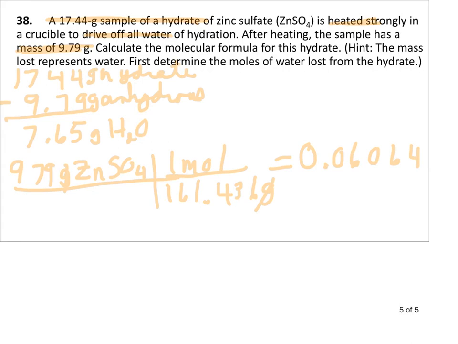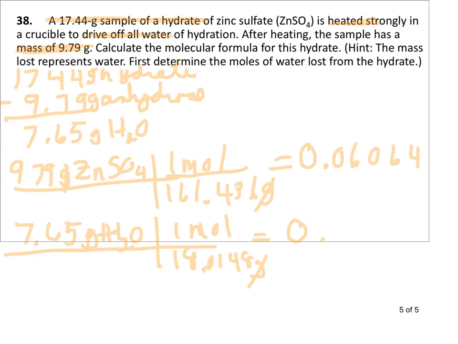I'm not going to write that out. You ought to always write out as much as you possibly can here, and as we're limited on space, sometimes I leave a few things out. Then we do the 7.65 grams of the water, 1 mole, and one more time I hadn't changed, 18.0148 grams. The grams divide out to grams, and we're left with 0.4247 moles of water.